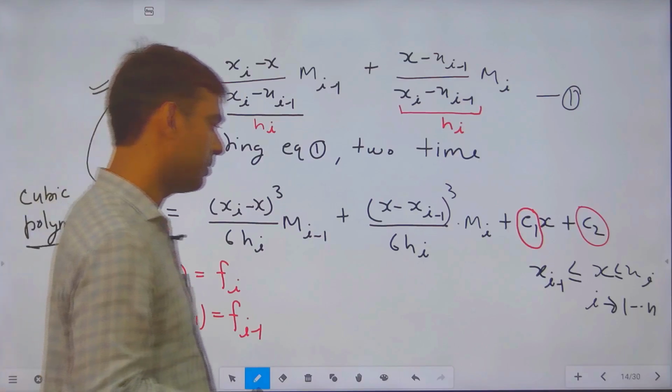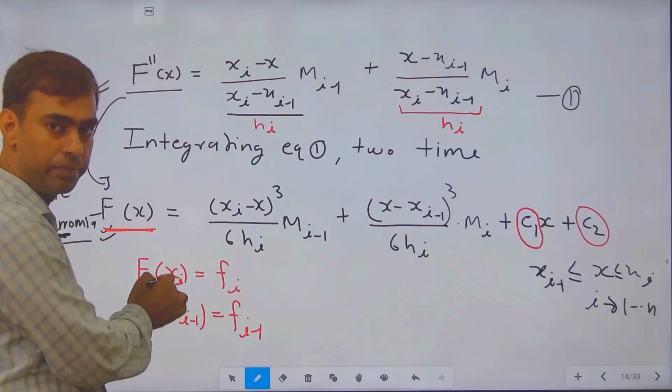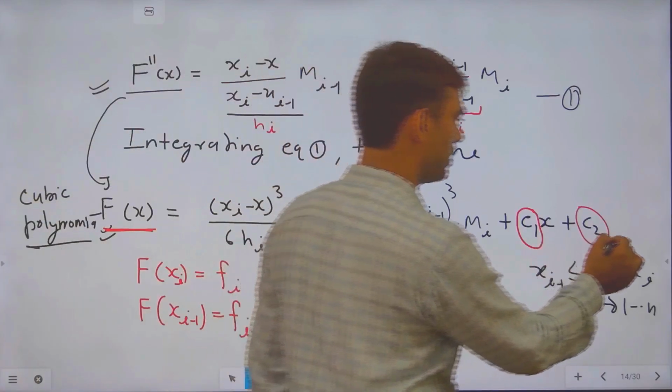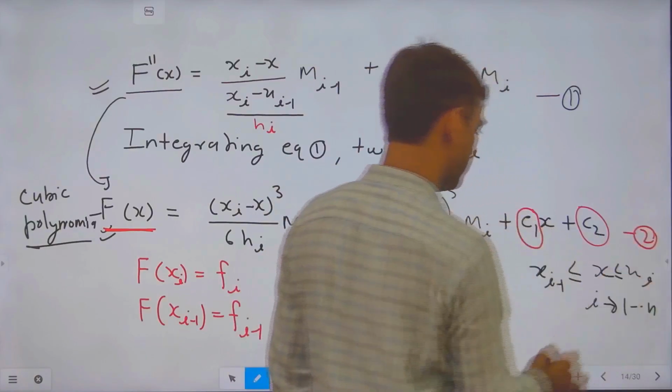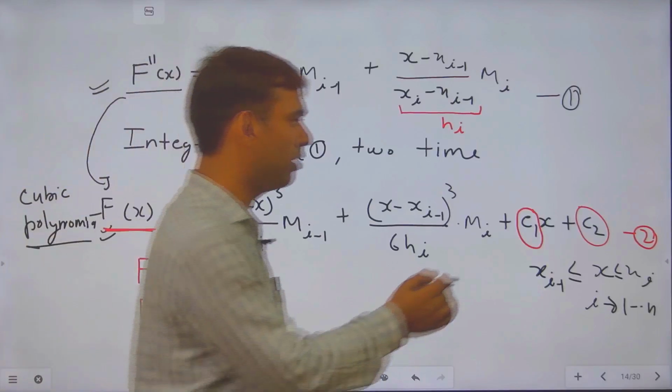So here we write, once we put x equal to x_i here, we denote this as equation number 2. Next we are going to find the values of c1 and c2.